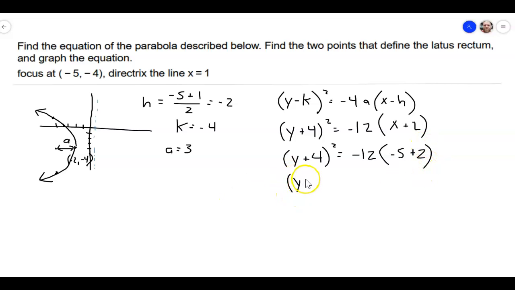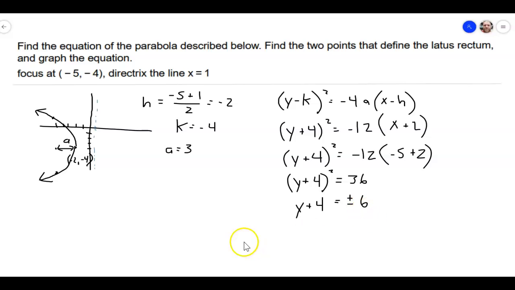So y plus 4 quantity squared is equal to, do the parentheses first, so that is -3 times -12 is equal to 36. And I can take the square root of both sides here, so y plus 4 is equal to plus and minus 6.